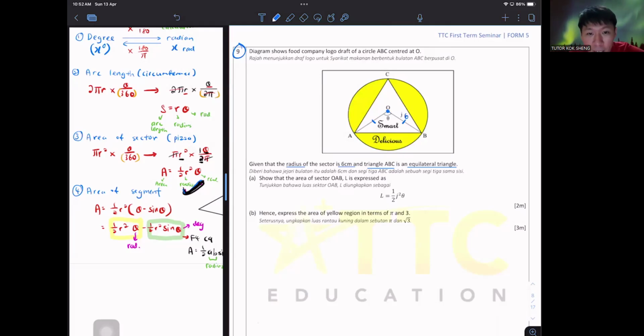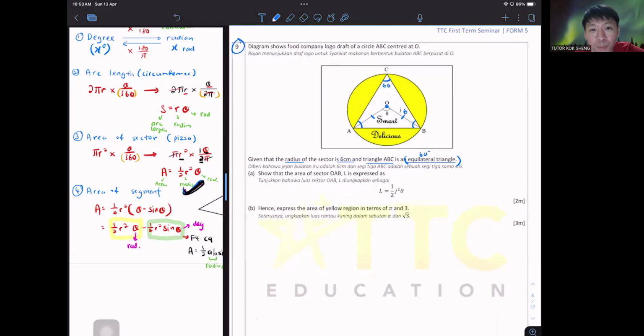And then ABC is an equilateral triangle, so we can get one extra piece of info. Equilateral, all sides the same, all angles 60 degrees. All these 3 are the same.